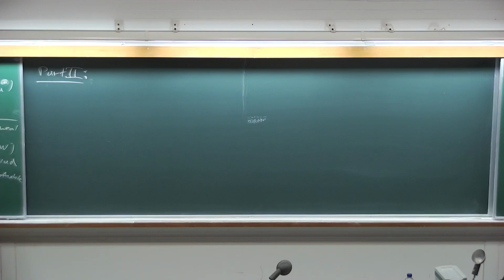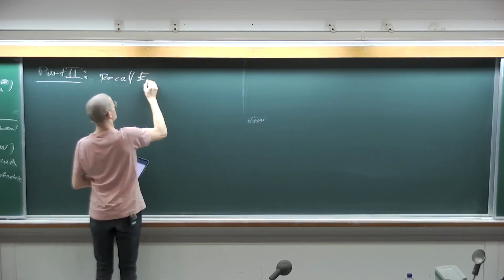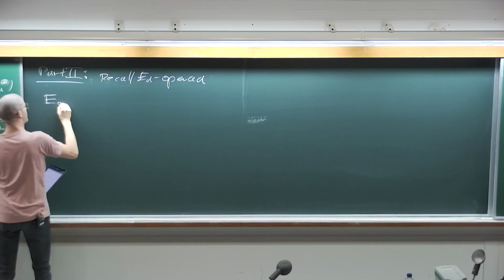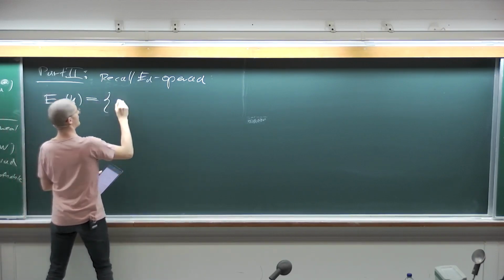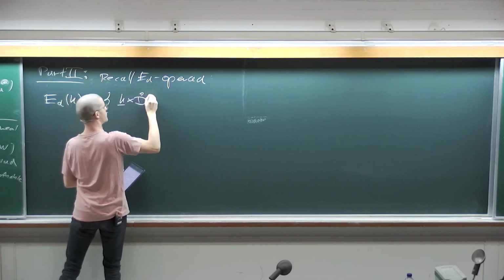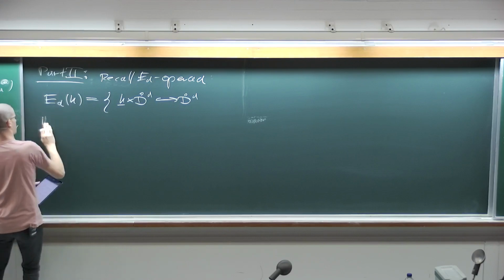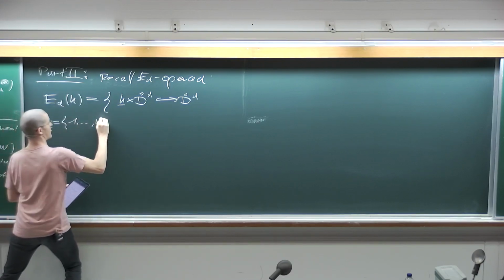Okay, I was asked to recall again quickly, because it has such an omnipresent appearance, what the E_d operad is and what these symbols here mean. So what's the E_d operad? It's the operad of little d-disks. One way of describing it is that its k-ary operations are embeddings of disjoint unions of k open disks, where k lower dash is just a set of k numbers.